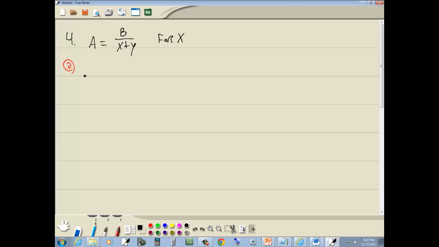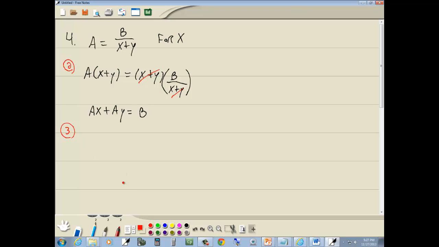So we're going to multiply both sides by x plus y. So we got a times x plus y equals x plus y times b over x plus y. Well, a times x is ax plus a times y is ay. And over on this side, the x plus y is going to cancel and give us b.